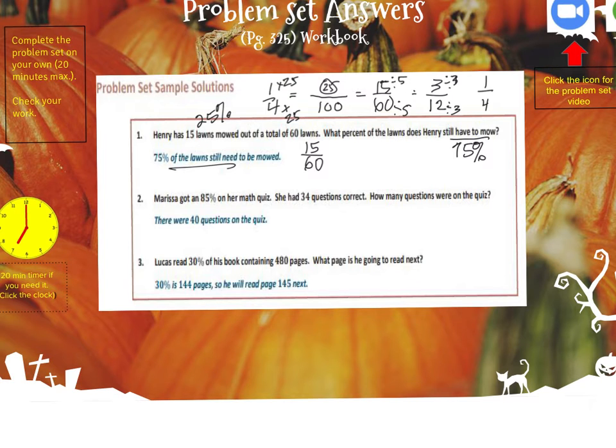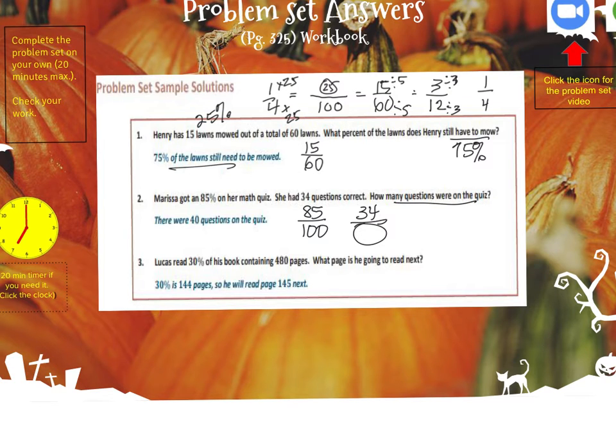Marissa got 85% on her math quiz. So right away, I'm going to do 85 out of 100. And she had 34 of those questions correct, but we want to know how many totals at the bottom, the denominator, how many questions were on that quiz?